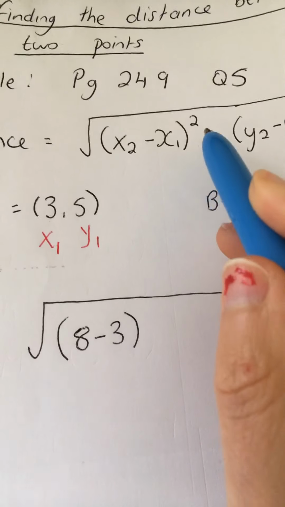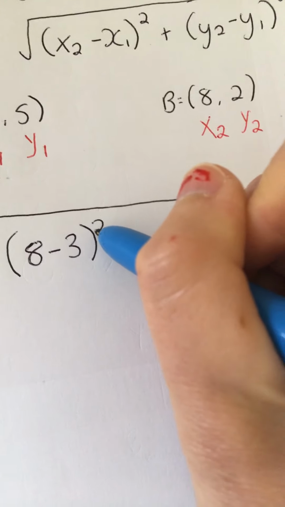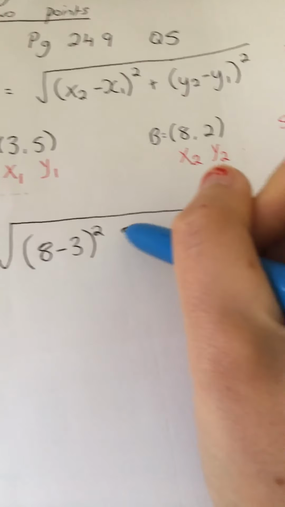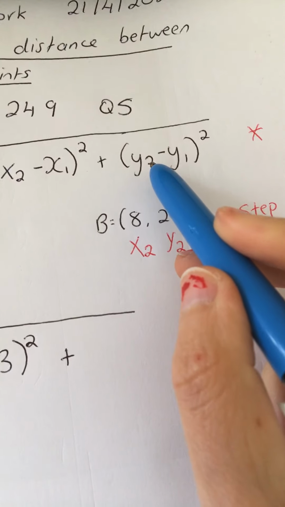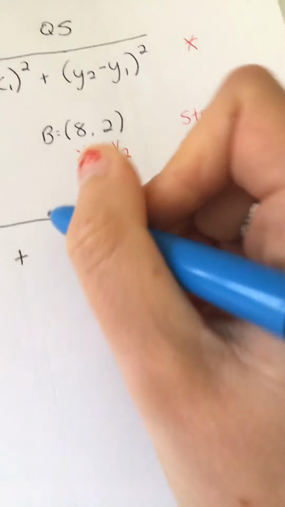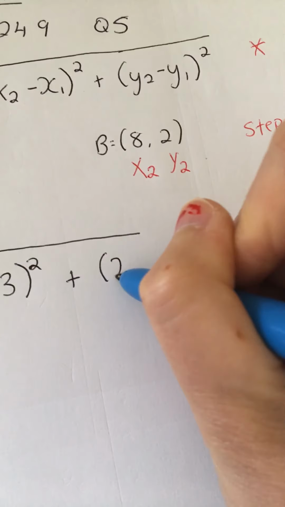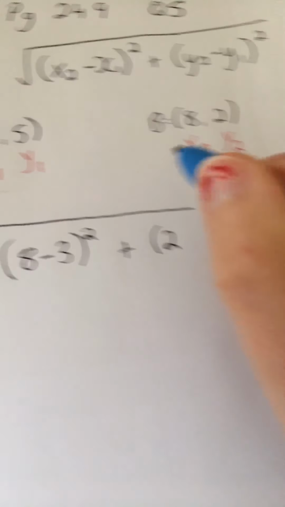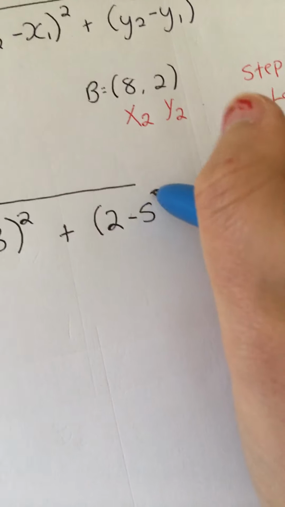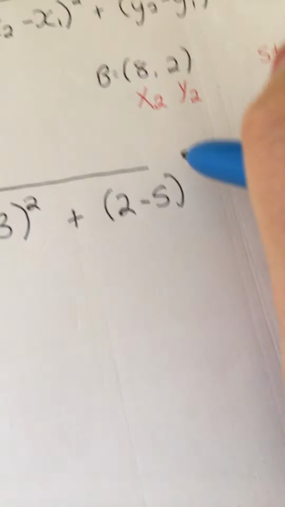And the formula tells me to square that. Plus, and then y2, which is 2. Okay, minus y1, which is 5. And that's all squared.